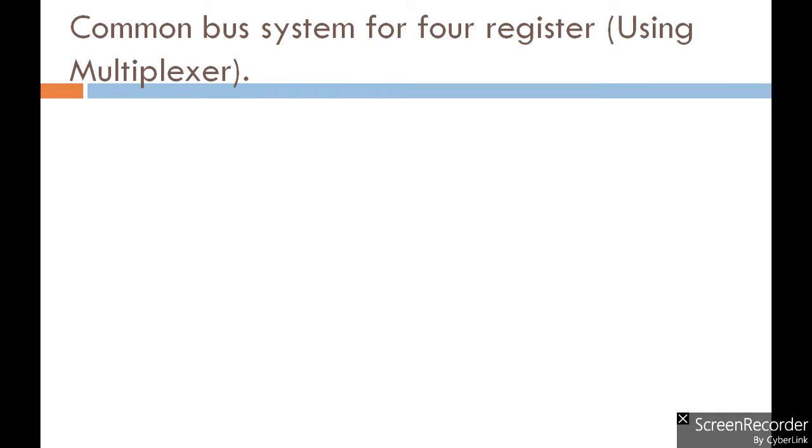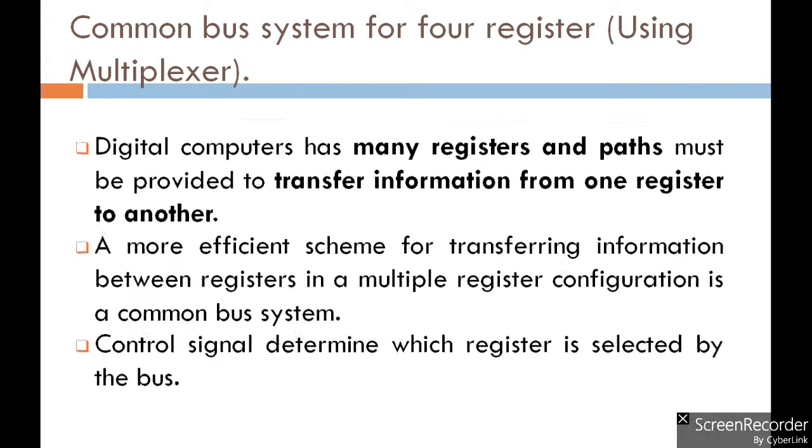So common bus system is a way to provide a communication link between different registers of a processor. So let's see the first method, that is implementing common bus system for 4 registers using multiplexers. That means here we are going to use 4 registers, and all these 4 registers are of size 4 bits, and we will make a common bus system to communicate between all these 4 registers.